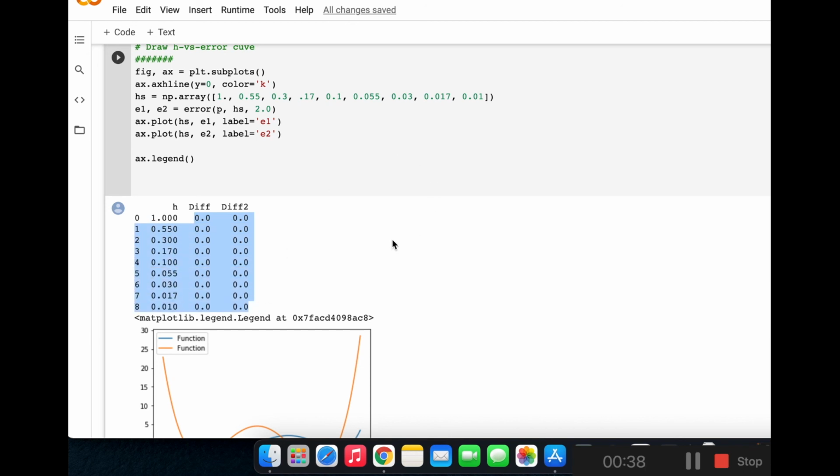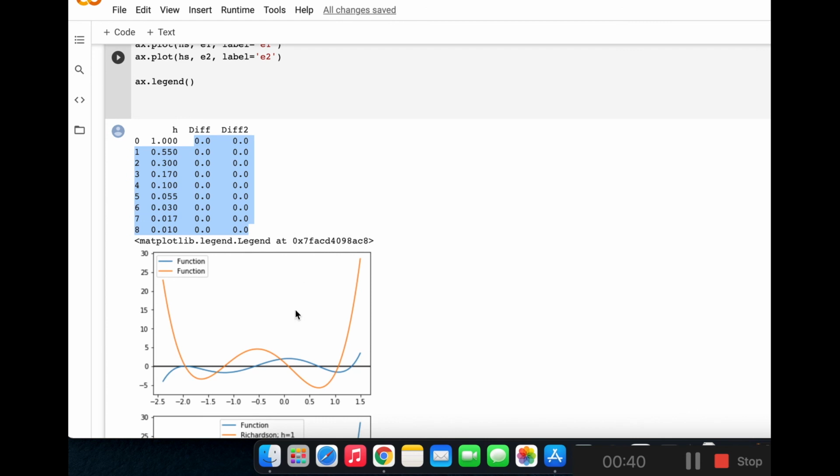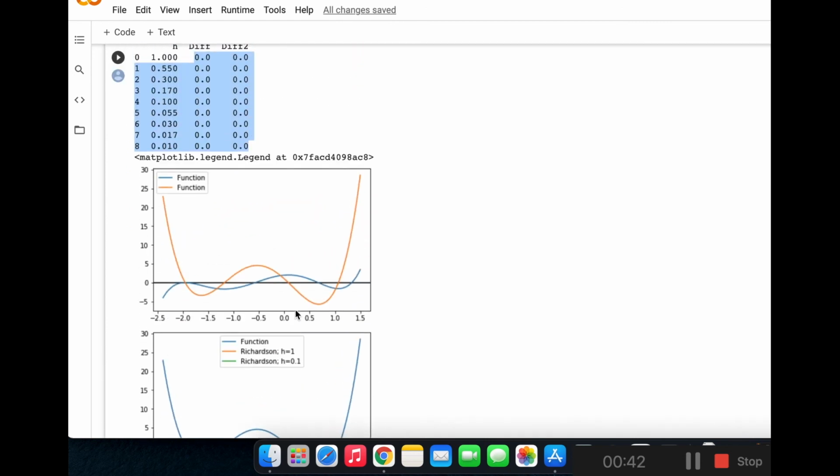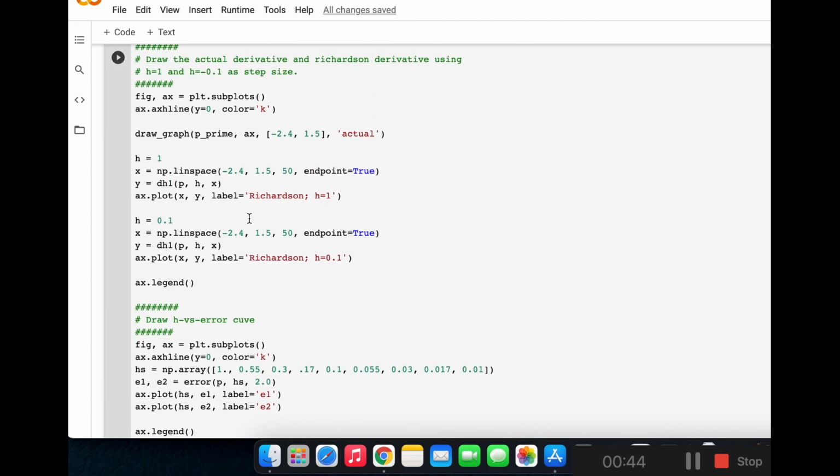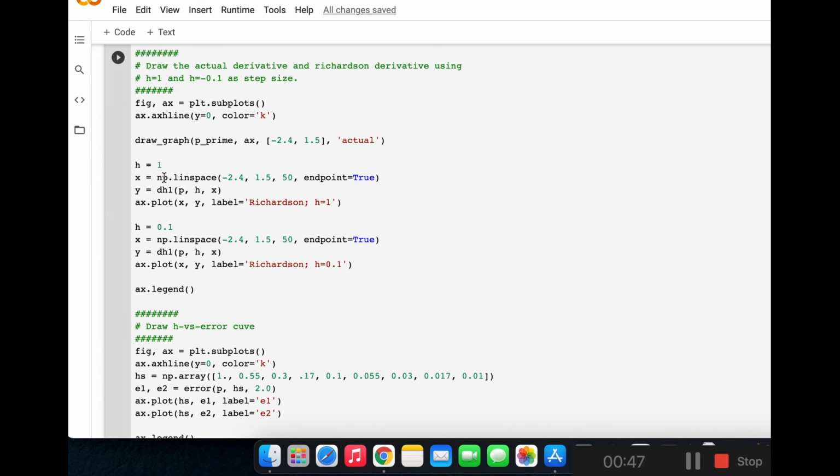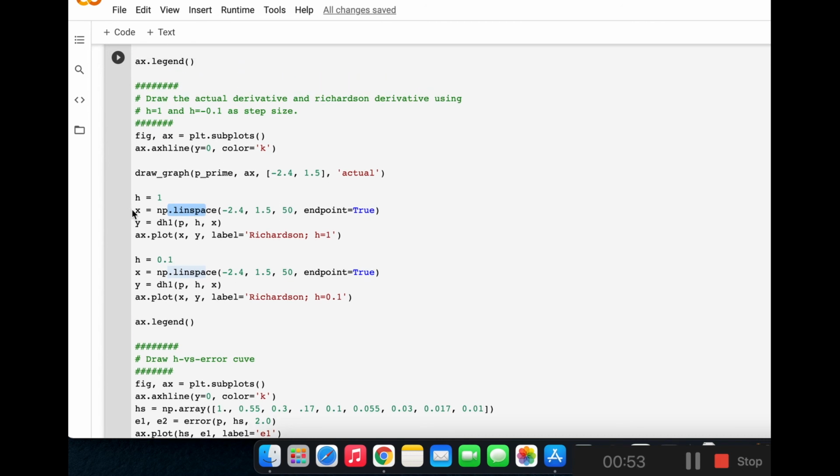We have plotted those in this function, and these use the linspace function, which was explained before in the numerical differentiation lab. The linspace function is used to generate the x values, and the corresponding y values are obtained by passing the x values into the dh functions. We get the derivatives, and we plot that by using the xplot function.